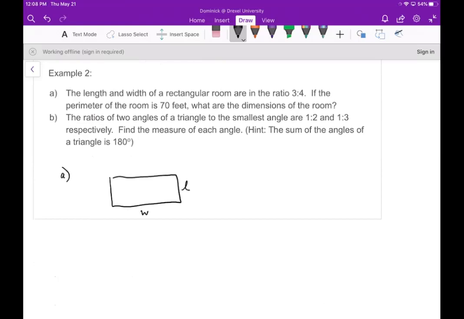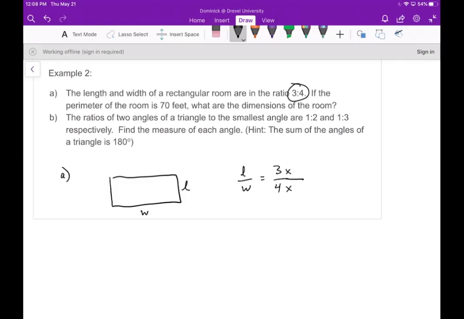The length divided by the width is in the ratio of 3/4. When we reduce it, it's 3 times something and 4 times something, so we'll call that something x.